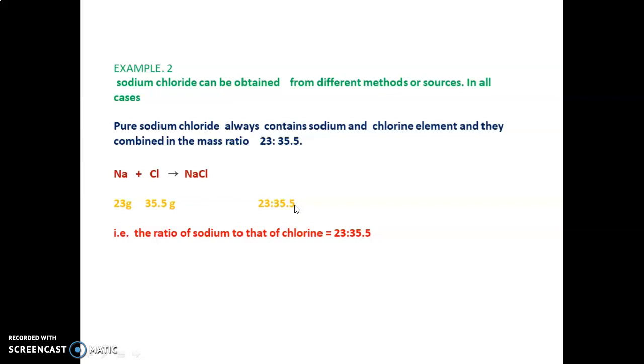The ratio is constant in all cases. In pure sodium chloride, the mass ratio is fixed. That is the constant ratio. Therefore this law is also called the law of constant proportion.